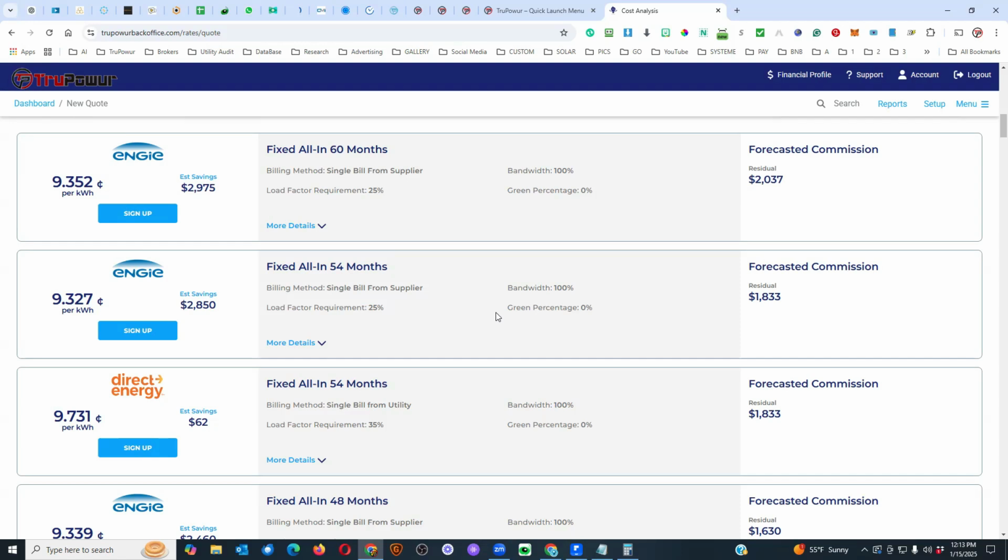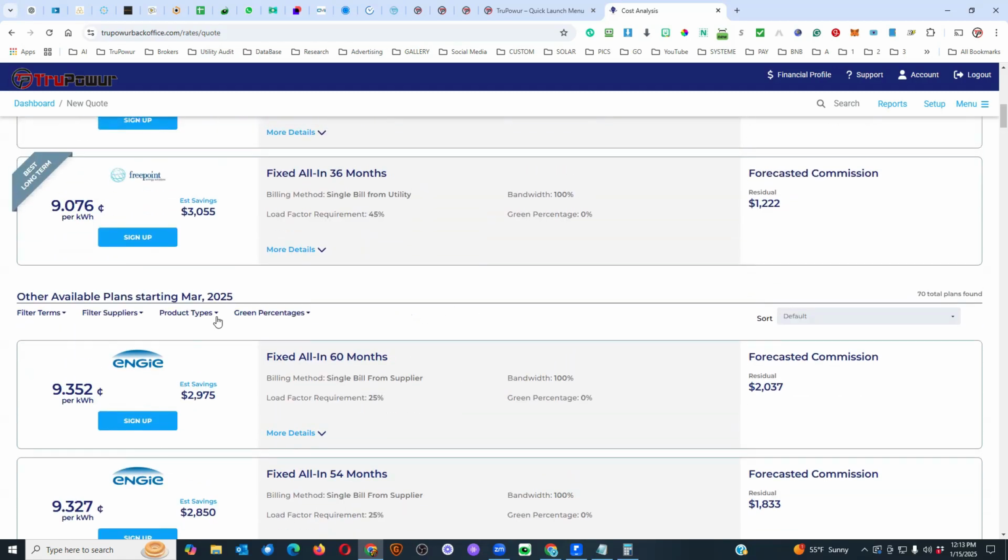Same thing when you're talking to a residential customer and we use the script where, if your rate is lower than what we have to offer, then our company will give you some sort of special incentive for taking advantage of it. It's important to make sure that you're comparing things equally. So from up here, you can see that there are a lot of different types of services fixed all in. And so anytime you see a little video link, that is going to give you some additional information.